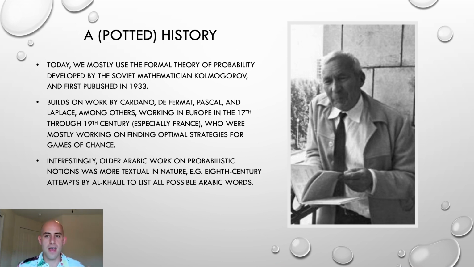It's being done in what's now Iraq, in Baghdad, and particularly, we can go all the way back to the 8th century, and attempts by people like Al-Khalil to try and list all possible Arabic words, right? So that kind of combinatorial work, trying to find all the combinations of possibilities within some system, is much older than what we think of as the foundations of probability theory. And moreover, it starts from a place of thinking about text, right?